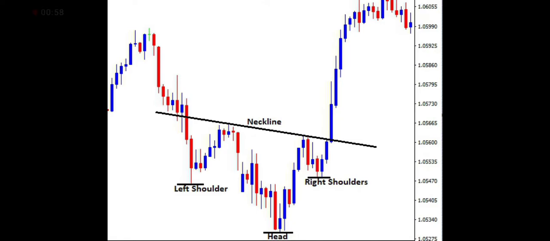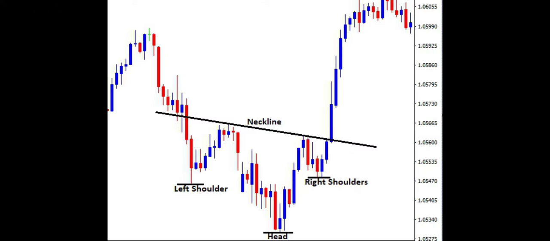Our first pattern that we'll be talking about is the head and shoulder pattern. Now this is the bullish head and shoulder pattern that I'm having here. This is just an illustration of how a physical human being looks in his own structure.